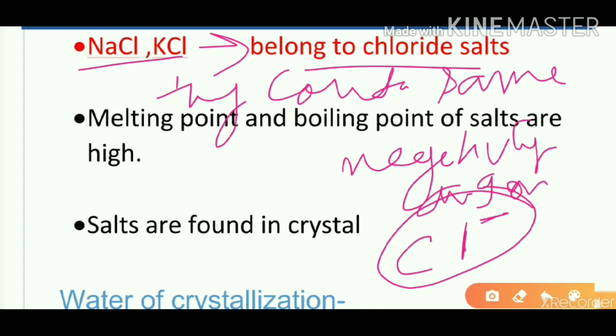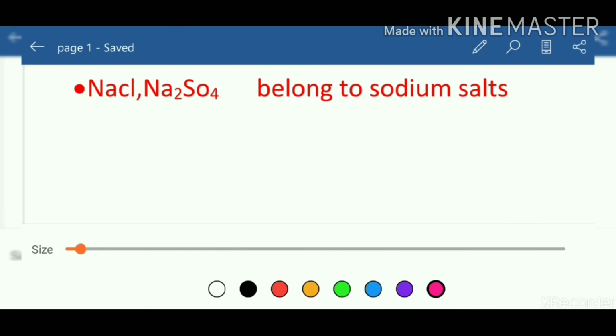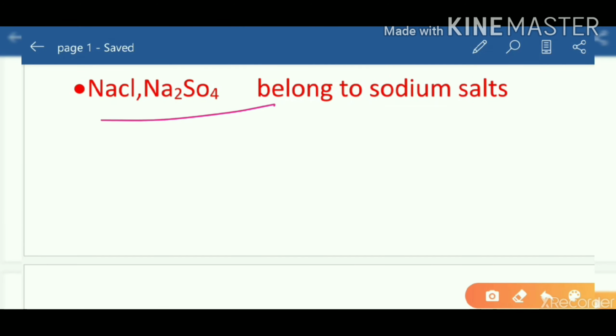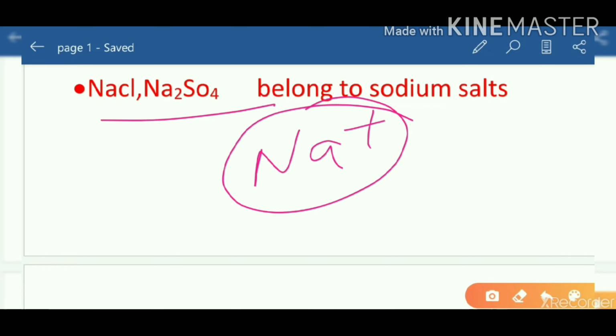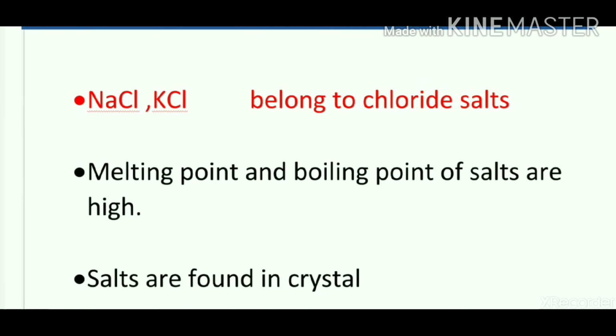They contain Cl minus, and the others contain Na plus. In this way we can see that whether it is a positively charged particle or a negatively charged particle, the same type belongs to the same family.